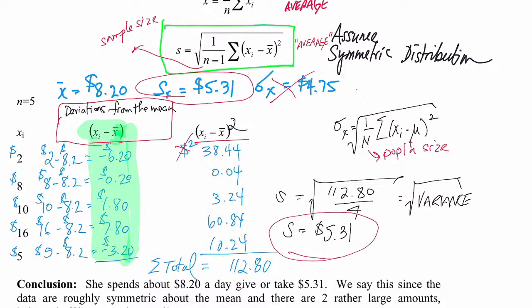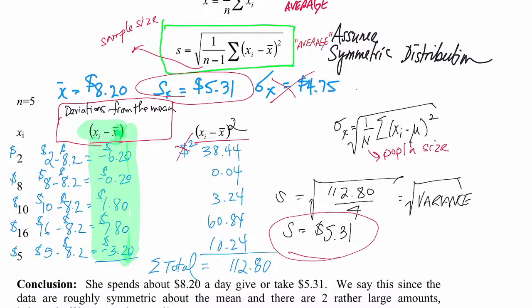Now what do we do with it? The larger the standard deviation, the more spread out the observations. Now it's all relative, right? Because what is large and what is small depends on the values we're working with.